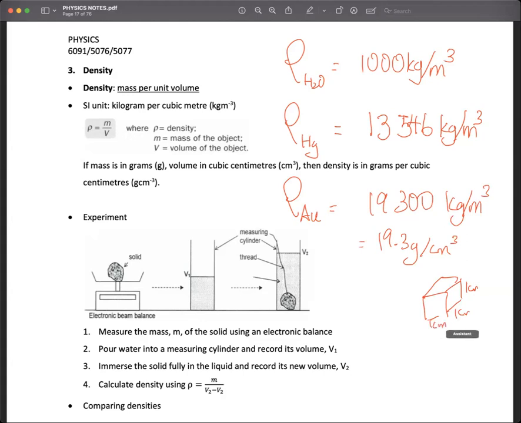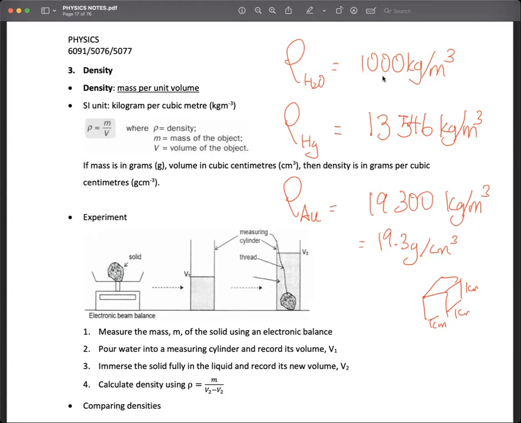A gold cube will have a mass of 19.3 gram, whereas for water or ice, a 1 cm cube of ice will be about 1 gram. So gold will be about 19 times more massive or more dense compared to water. Okay, is that clear? So this is the density of gold, density of mercury, and density of water.